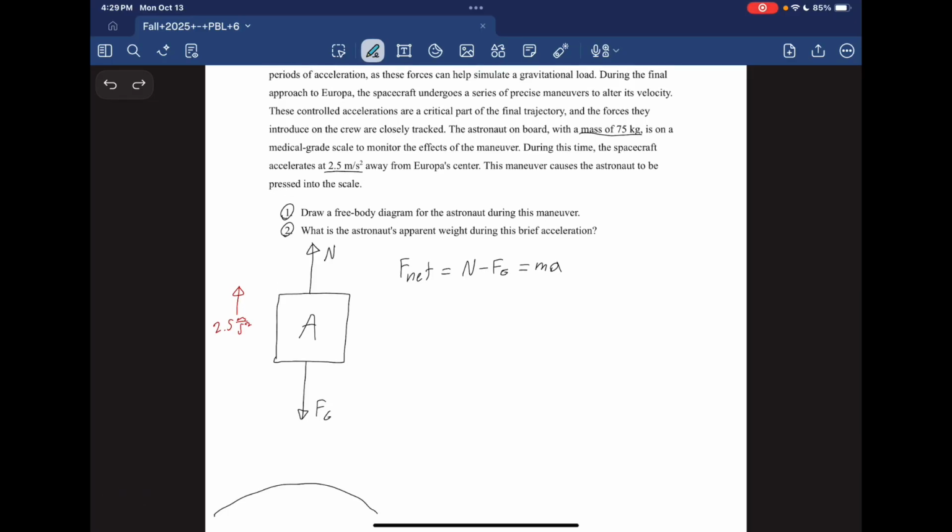We don't know N, and that's what we're going to solve for. So rearranging, we have that N is equal to mass times acceleration minus the force of gravity. Sorry, this is plus force of gravity. I forgot I moved it to the other side.